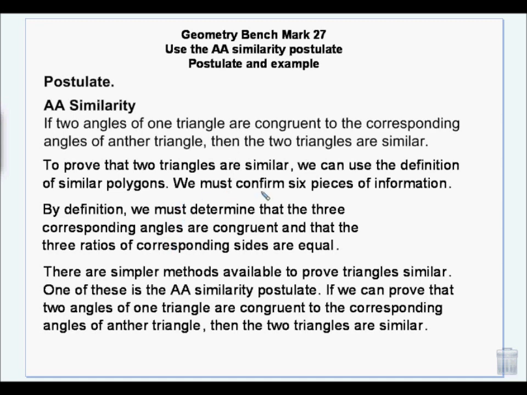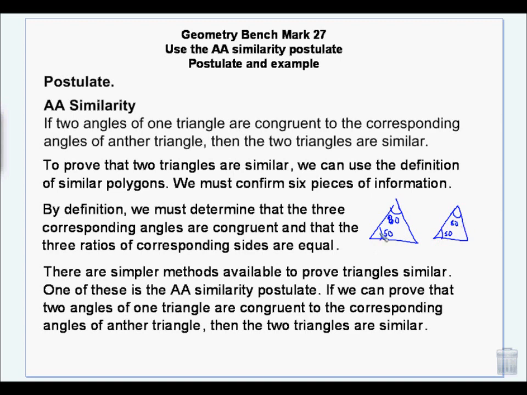Basically, it works like this. Okay, I have two triangles, and I want to decide if they're similar or not. Let's say this one is 80. It's not, but let's just say it is. Those are both 80, and this is 50, and this is 50. Okay, if these match, these are congruent, right?